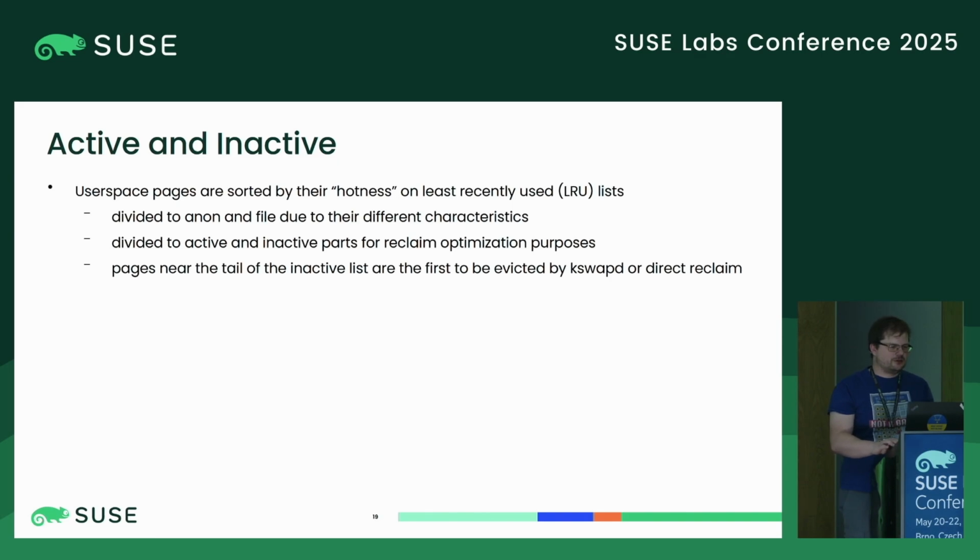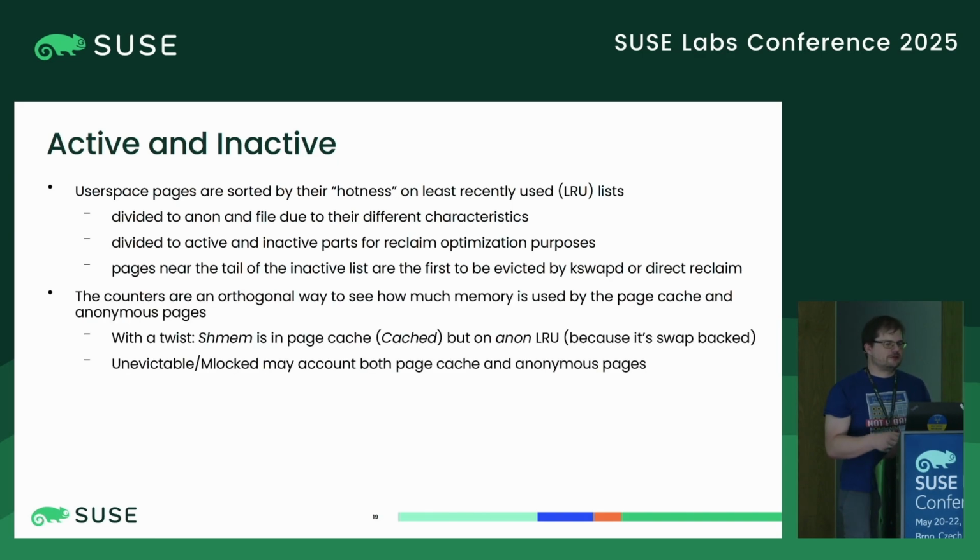And so we can observe how much is now in those active and inactive lists. This is given separately for the anonymous and page cache memory, because they behave very differently from the reclaim perspective.